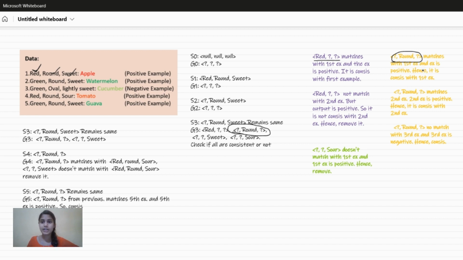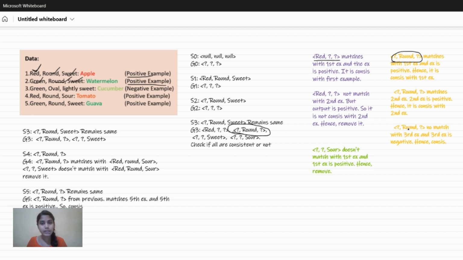So it matched, and it is a positive example, so we will keep it as it is and match it with the second example. We have question mark, round, and question mark. The question mark covers all, round gets matched, and the question mark covers all, and it is a positive example. So we will keep it as it is. We will not remove it from the general hypothesis.